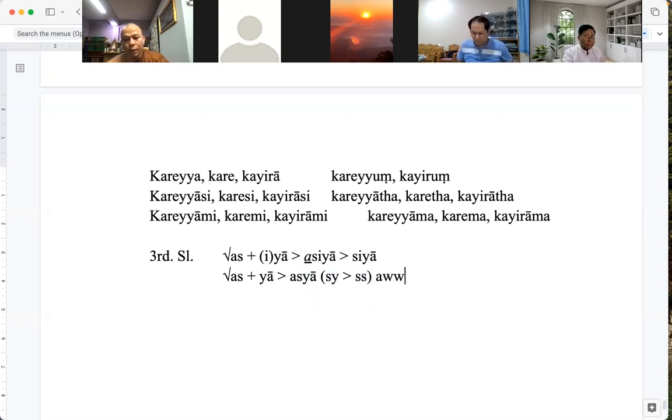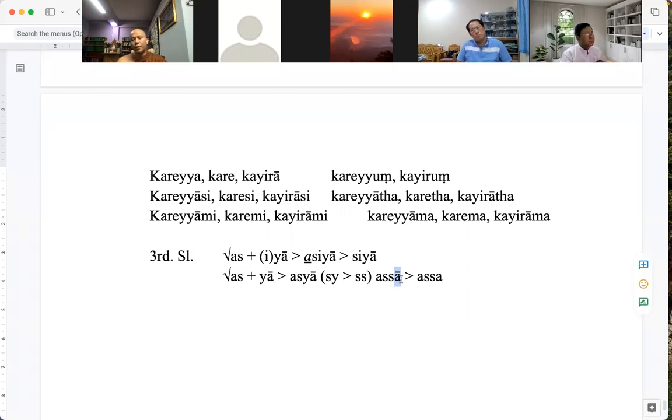So we have asa. Okay, asa. But later, this asa also changes one more step, to asa, by shortening the long vowel to a short one. But for that one, we don't have any certain reason why.